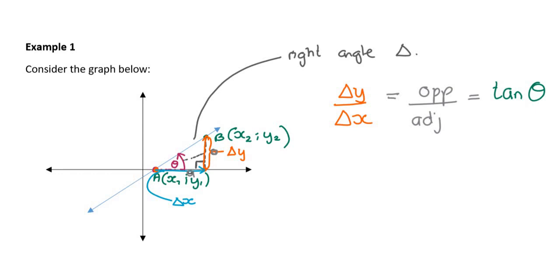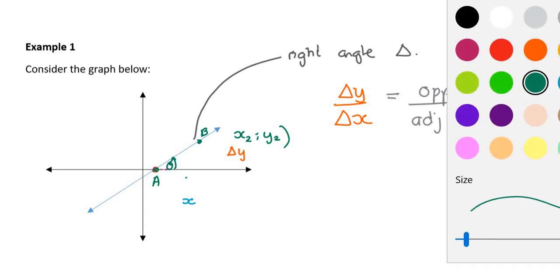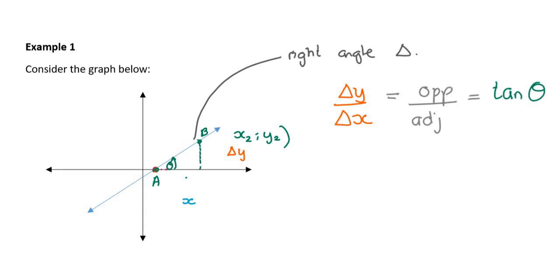I'm just going to erase everything from my picture for a second so that we can reset. Here is B, here is A, here is theta. What I'm arguing is that if I drop down a perpendicular over there, this is the opposite side and this is the adjacent side.